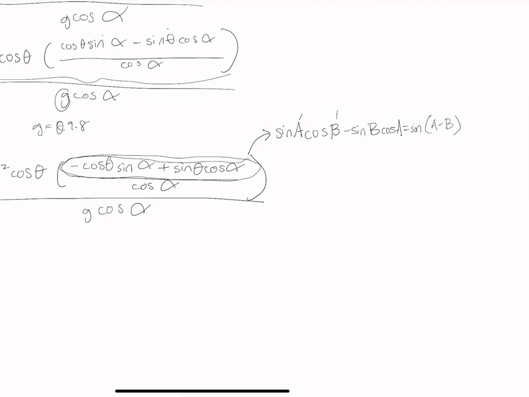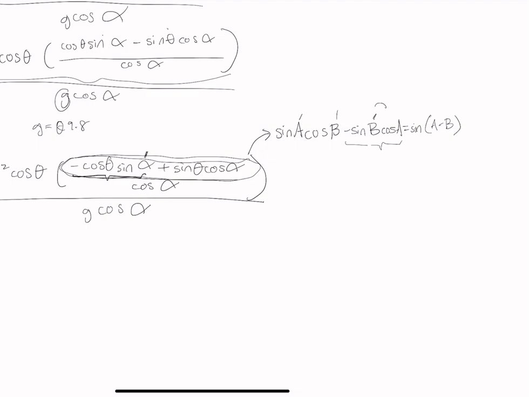In this case, the negative is on the sine of B cosine A. Sine is attached to alpha here, and sine is attached to B here.